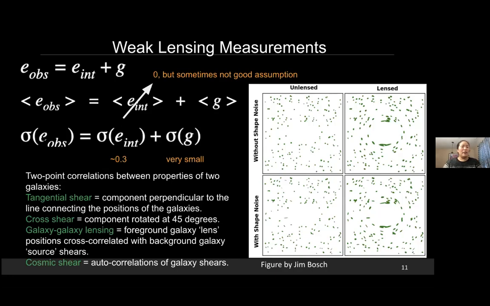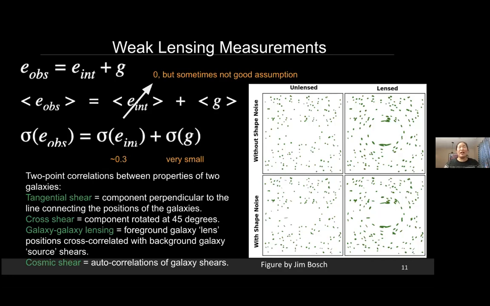And then if we look at the variance or the standard deviation of these quantities, so then taking the standard deviations of these three items, the observed ellipticity, this sigma is dominated by the first term because the intrinsic ellipticity distribution has a width to it.